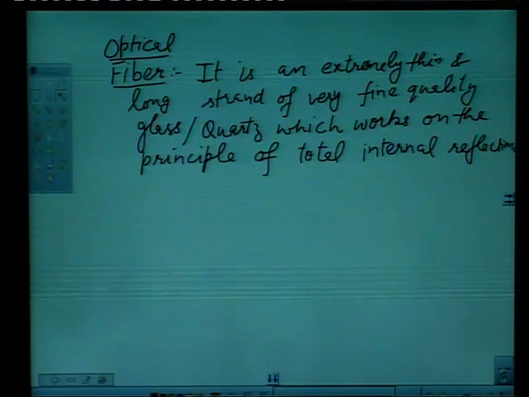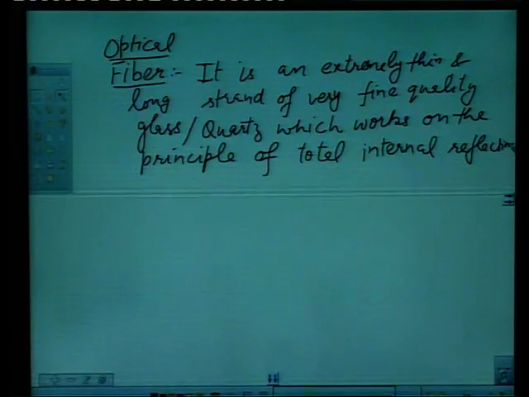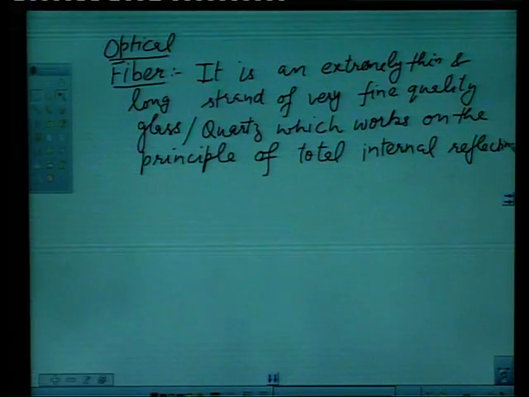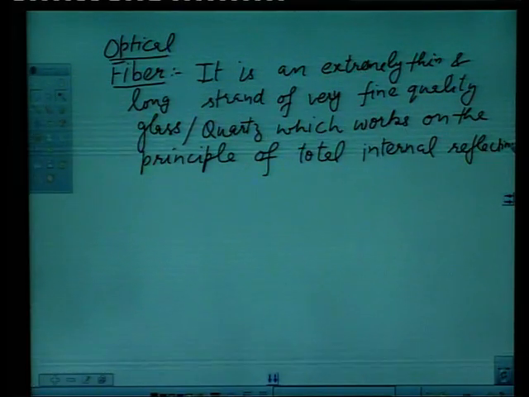So an optical fiber is made up of either glass or quartz, or it can be made up of plastic also, and it works on the principle of total internal reflection.